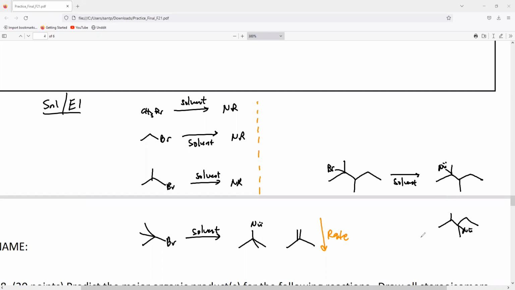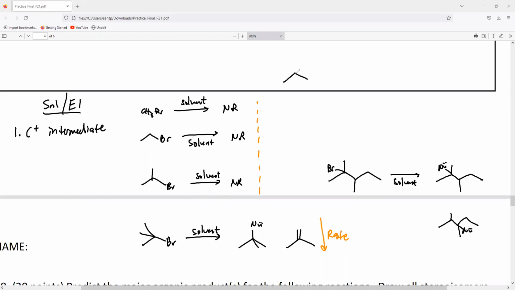Well, if you think back, there was only one intermediate we've ever talked about that forms really well on tertiary substrates and also rearranges. SN1E1 is a carbocation intermediate mechanism. And it also explains why methyl, primary, and even secondary don't react at all, because carbocation formation is only really good if you can form it on a tertiary center.